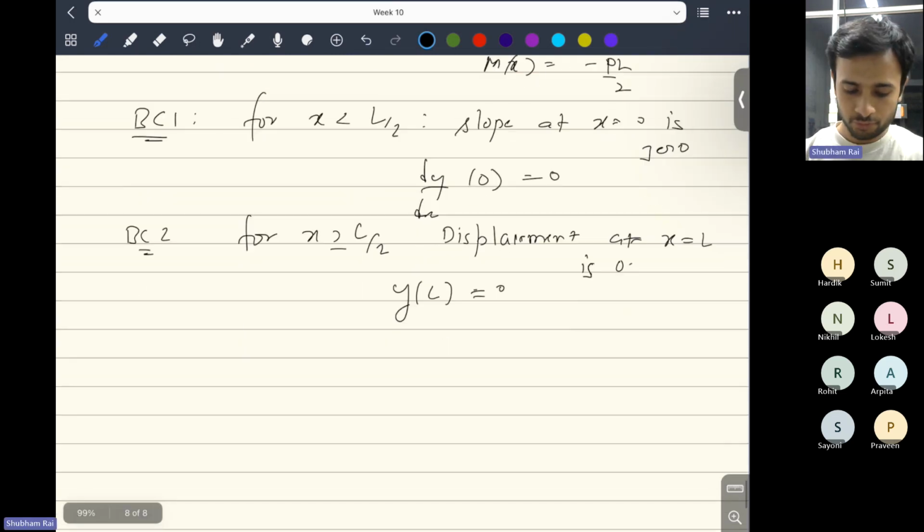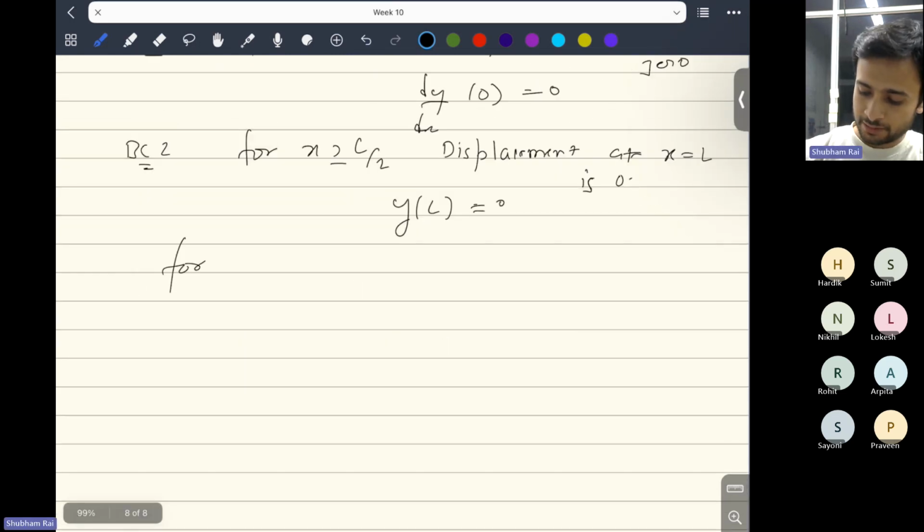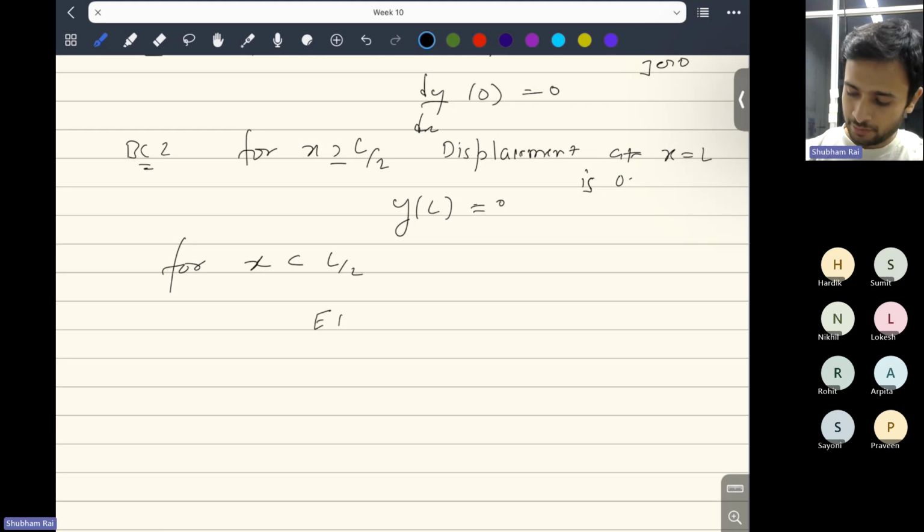So if we solve now for x less than L by 2, you have EI d square y over dx square is equal to mx. Now if you put the value of m, you'll get EI d square y over dx square, which is minus of PL by 2. It's not a function of x.